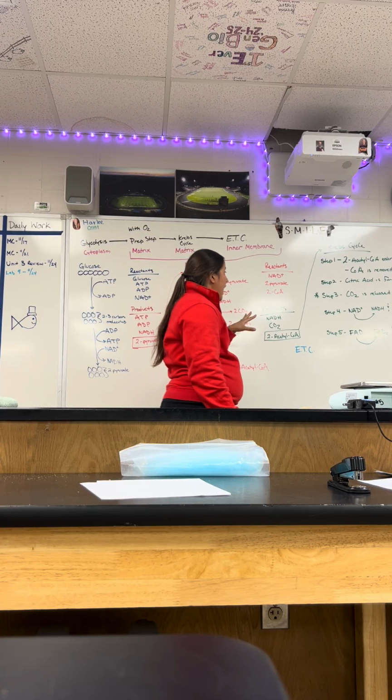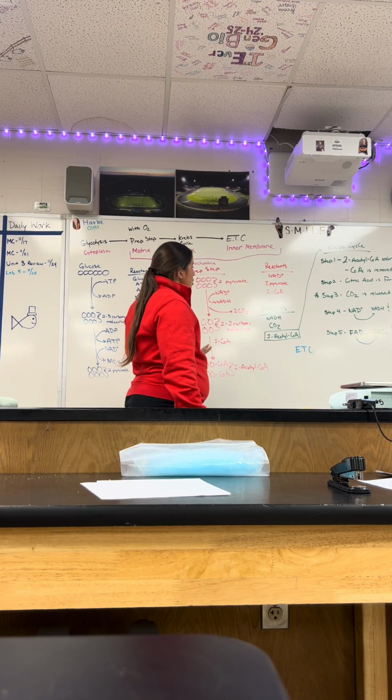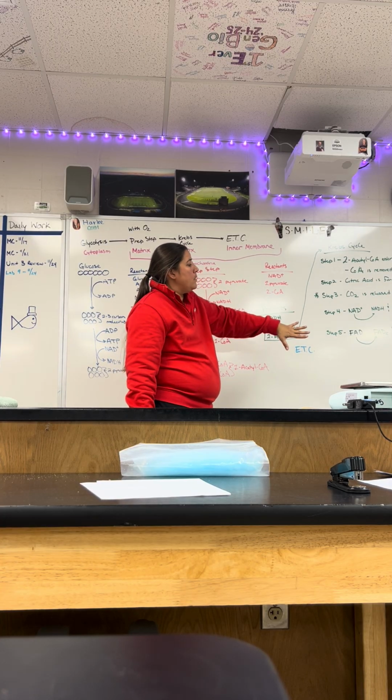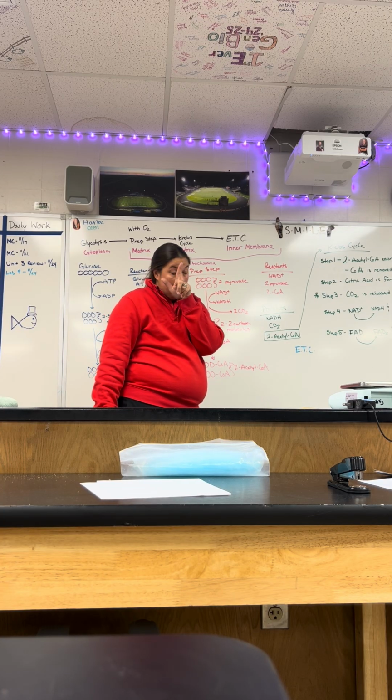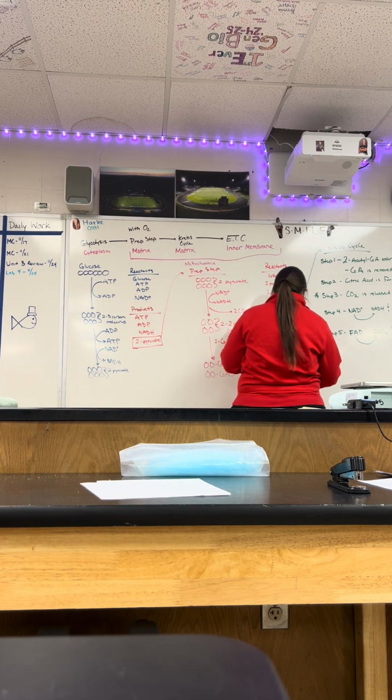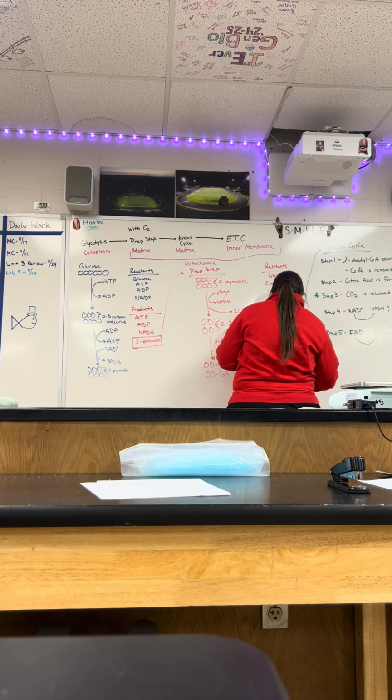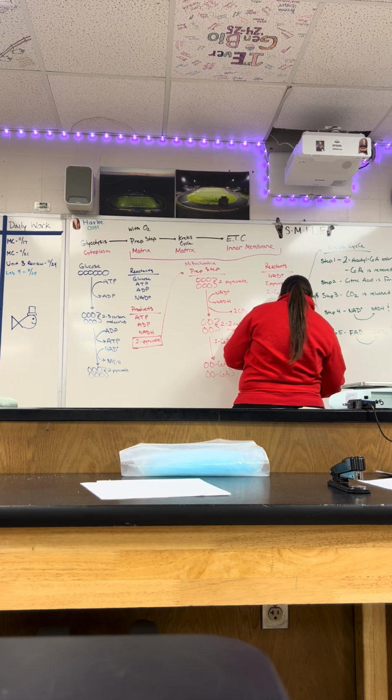If we're keeping track, we have basically used our sugar molecule. We've produced carbon dioxide. We have oxygen left and water left. So in the electron transport chain, when we go to the reactants, we need oxygen.